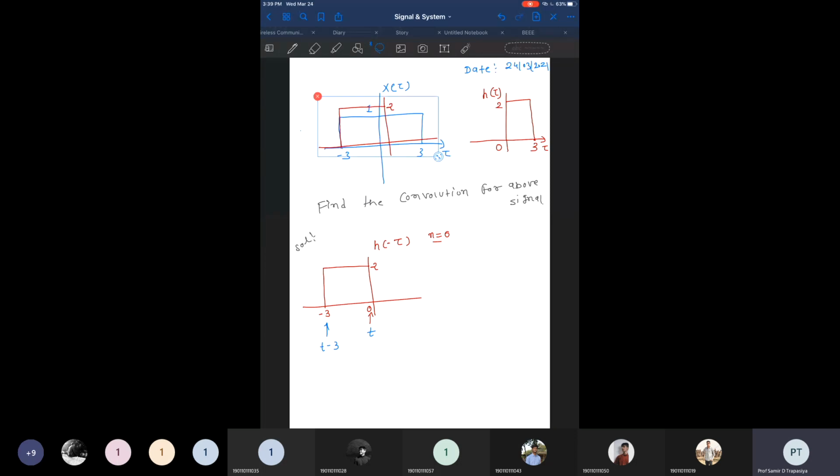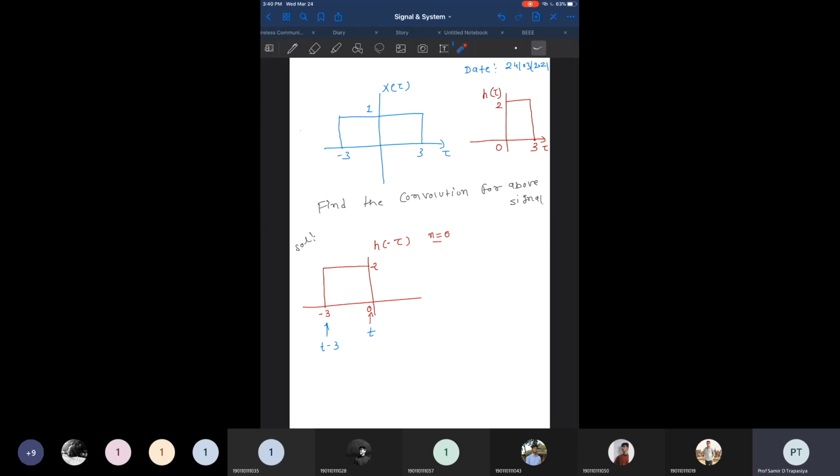The reason is that if we try to overlap the signal directly here, a sufficient amount of overlapping already exists. What is important is that we start from the point -3, from where the overlapping should actually begin.